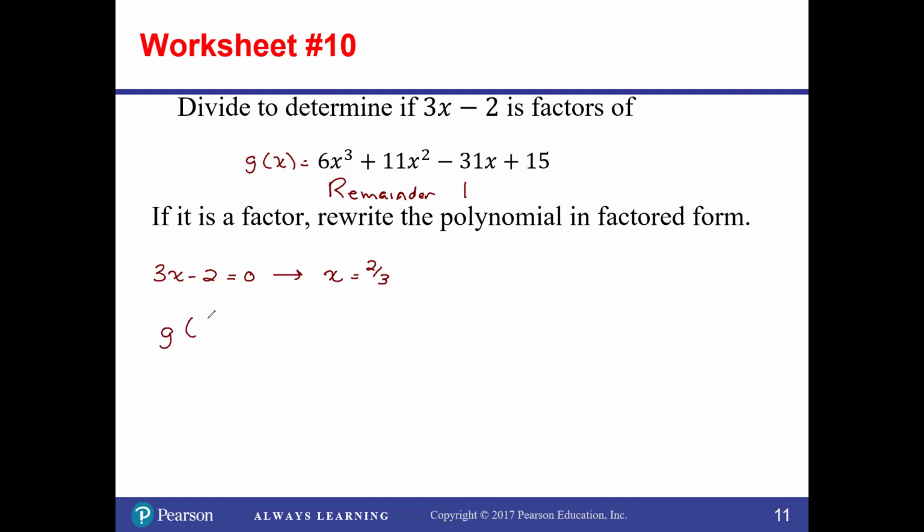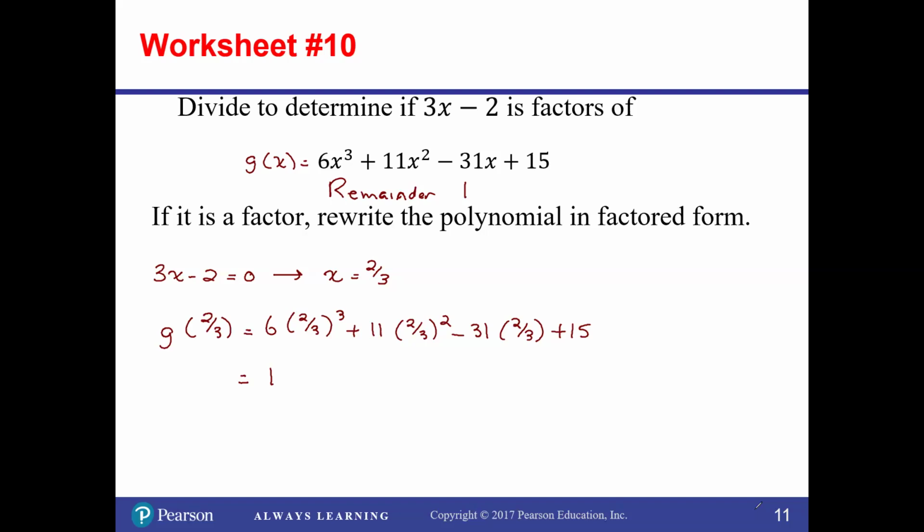Well, g of 2/3 means I'd have 6 times (2/3) cubed plus 11 times (2/3) squared minus 31 times 2/3 plus 15. When I did this in my calculator, this actually did come out to 1.